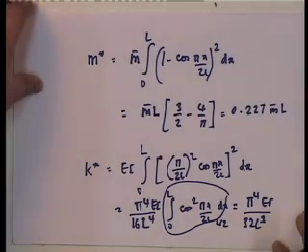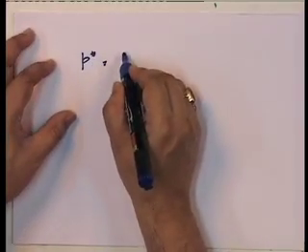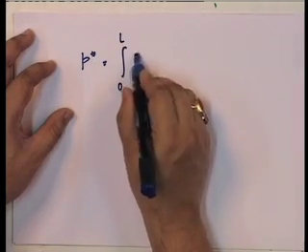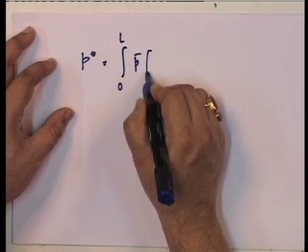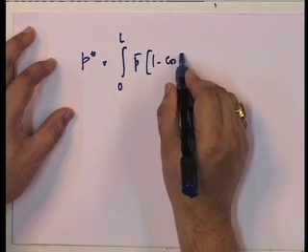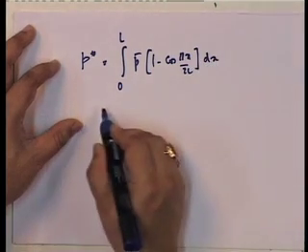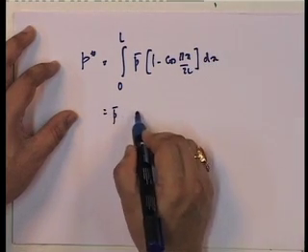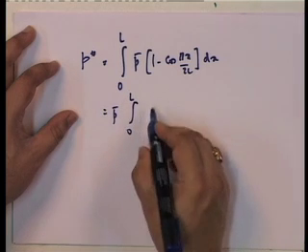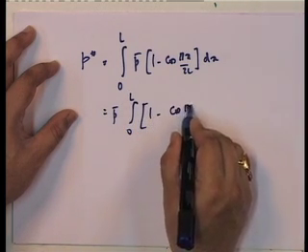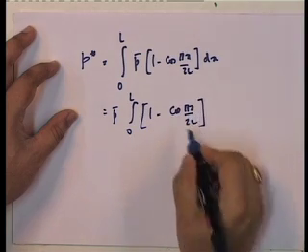And of course, we saw that P star, which is equal to integral 0 to L of P bar into 1 minus cosine pi x upon 2L dx, okay, 0 to L of 1 minus cosine pi x upon 2L.